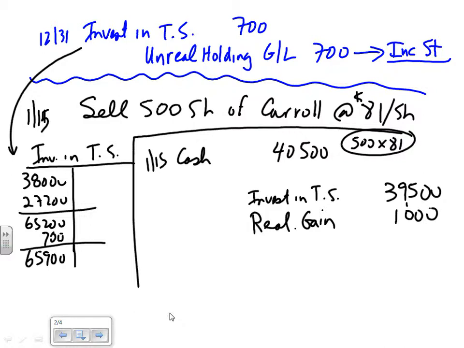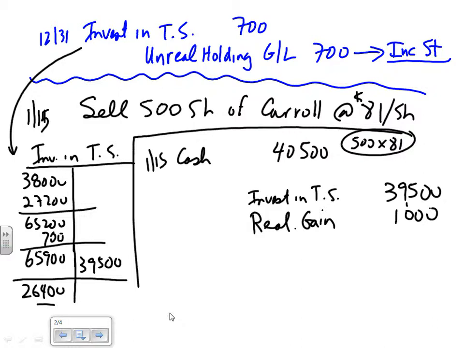We would take the $39,500 off the books. And when we do that, we end up with the $26,400, which is the fair value of the Dynamo asset that we still have.